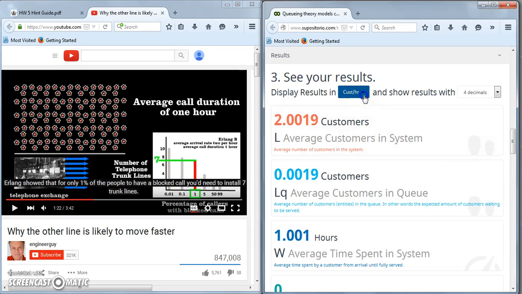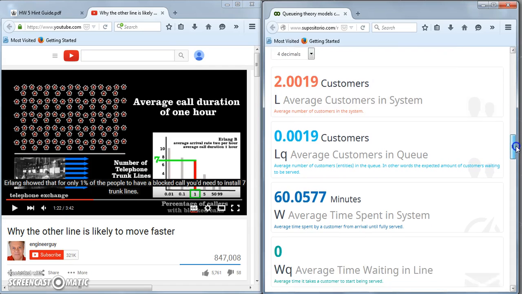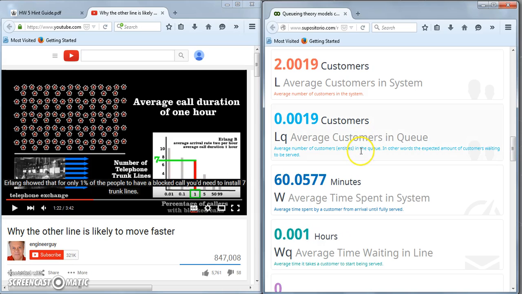I'm going to change this into minutes, just so it's a little bit easier to understand. This tells us that at a given moment there's usually about 2 customers making phone calls. Less than 1 customer is spending time waiting.